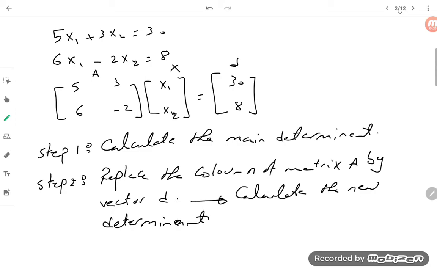The new determinant is known as determinant A1, as the subscript 1 indicates that the first column has been replaced by D. So this means that we have replaced the first column by the values of D.